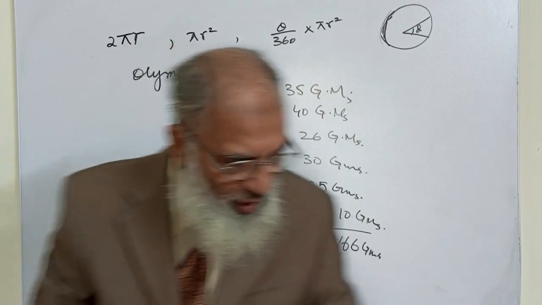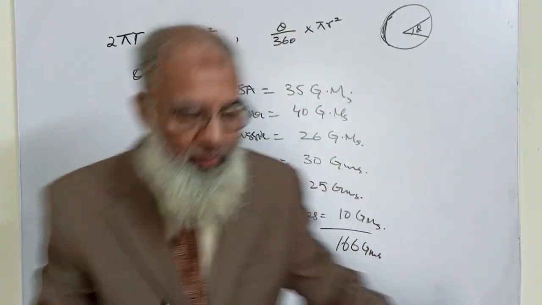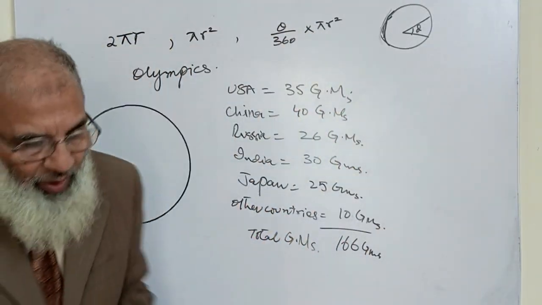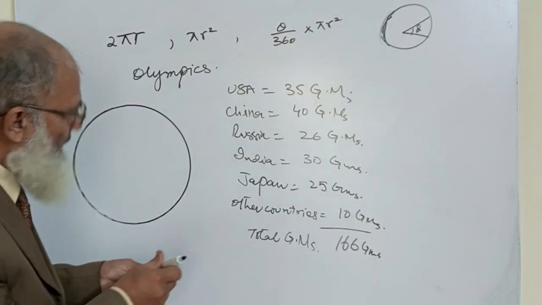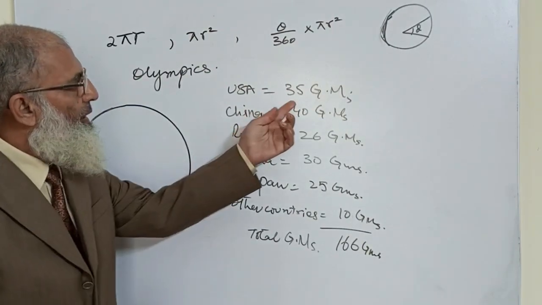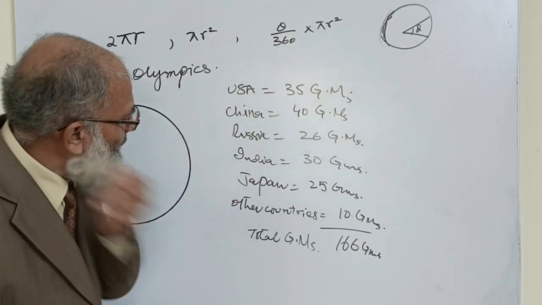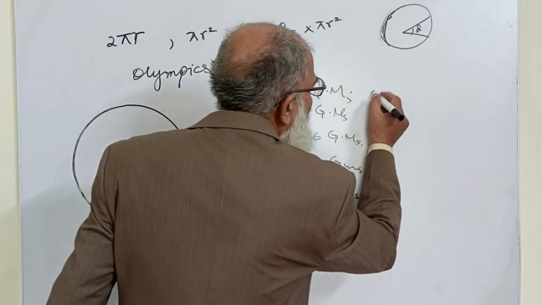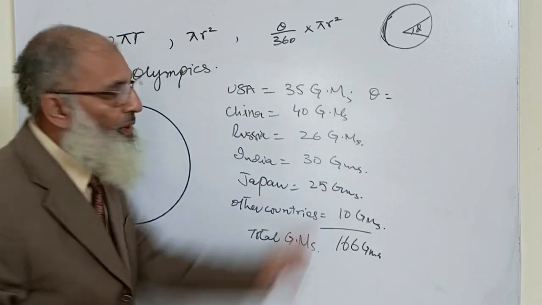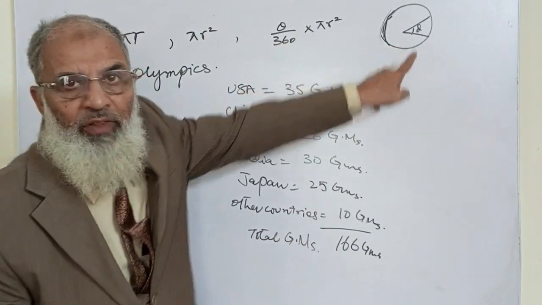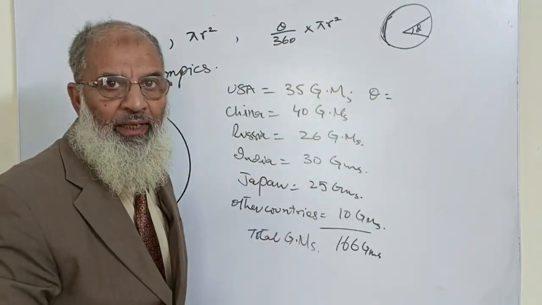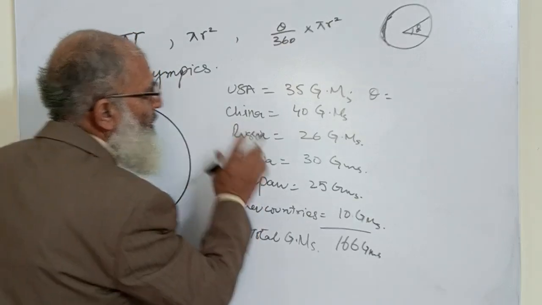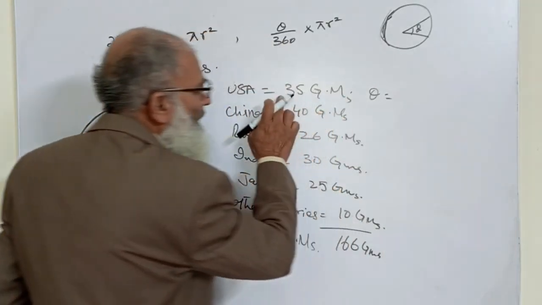Now what is the formula over here? Let me draw a circle over here, a big circle. What I do here is, since I know the total amount of gold medals, now I have to find the angle, which is theta over here.